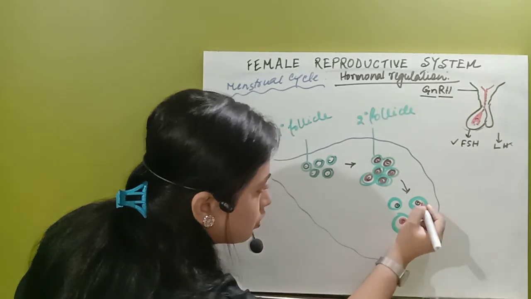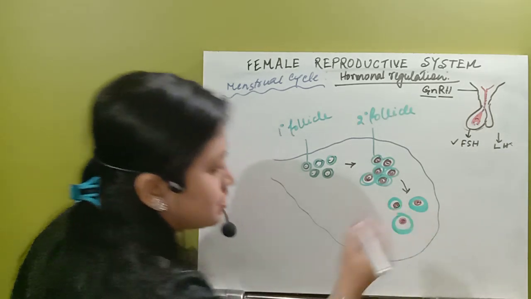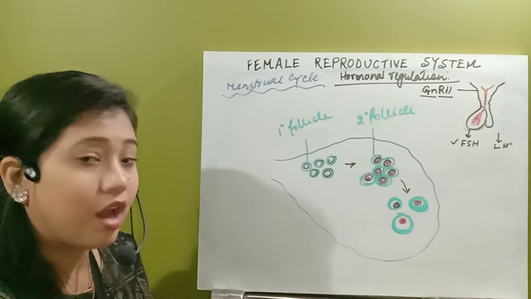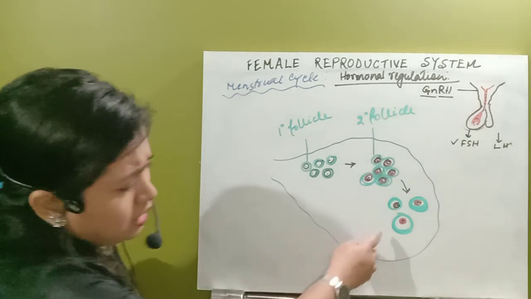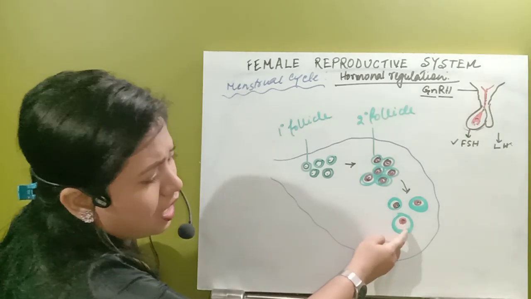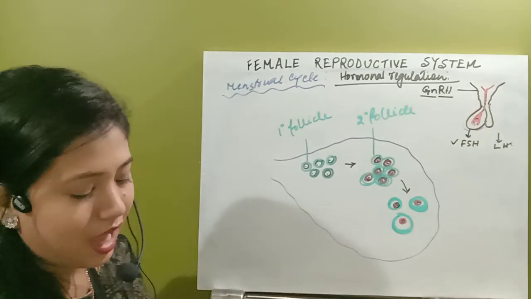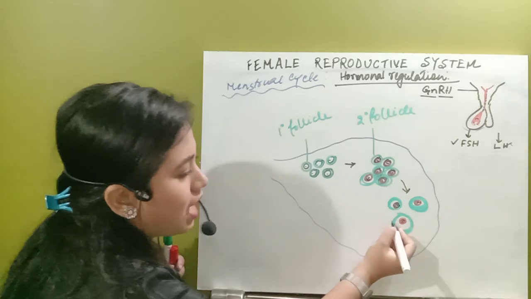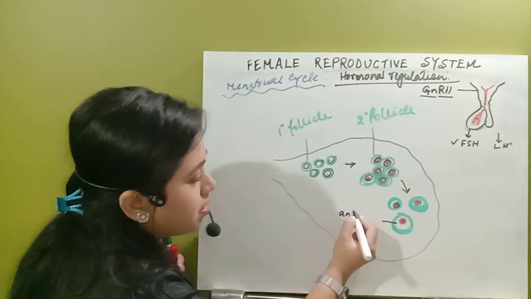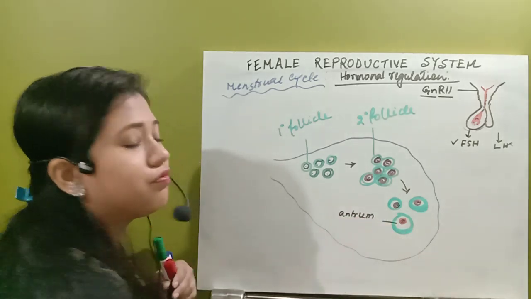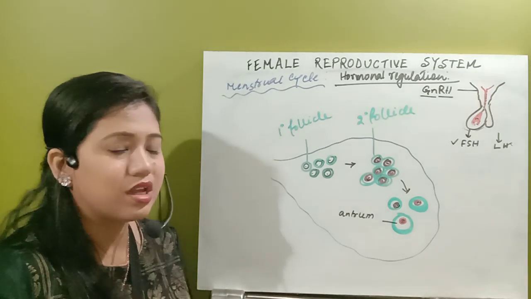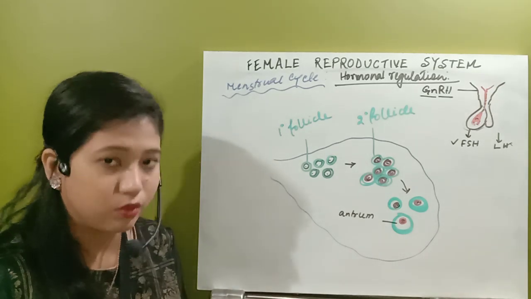As we can see here, this is the zona pellucida, and in between this zona pellucida and the membrana granulosa, we develop a cavity, and that cavity is known as the antrum. And remember, this antrum is filled with fluid, and that fluid is known as liquor folliculi.